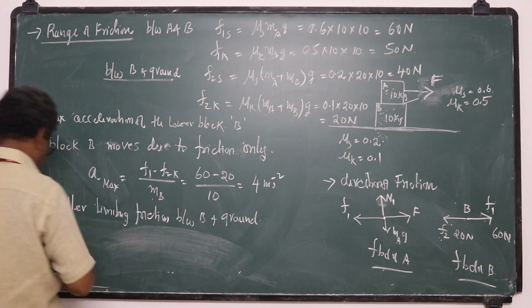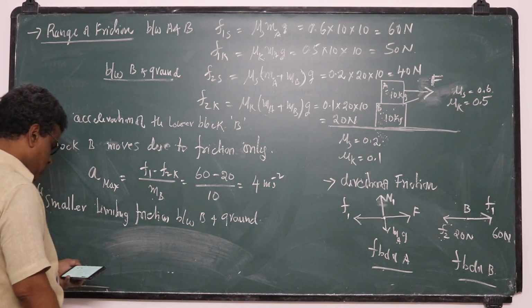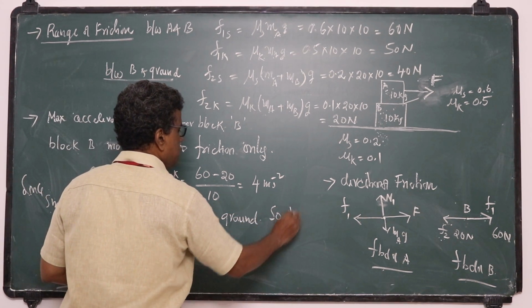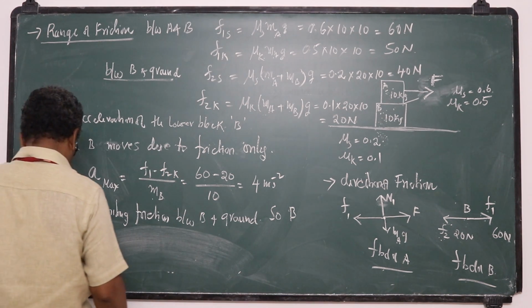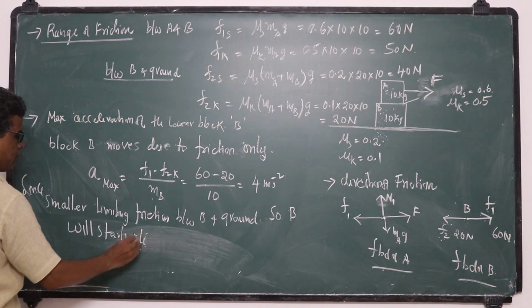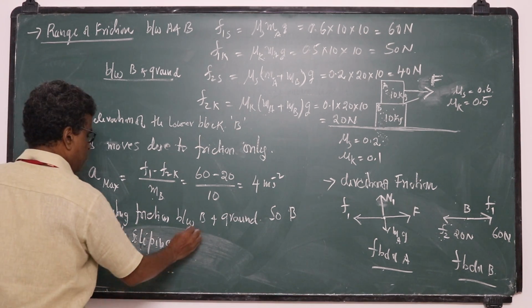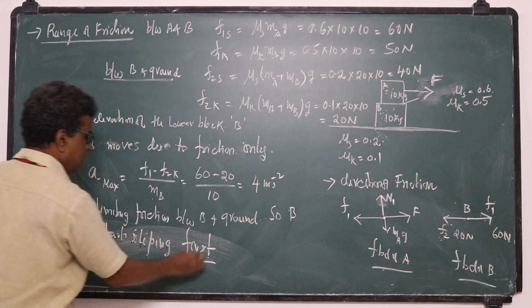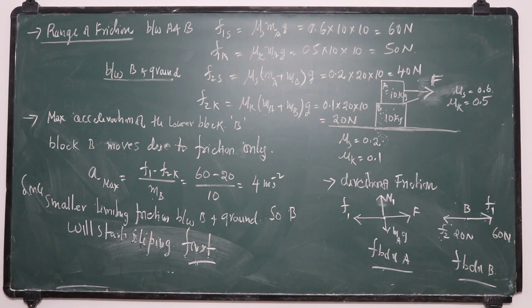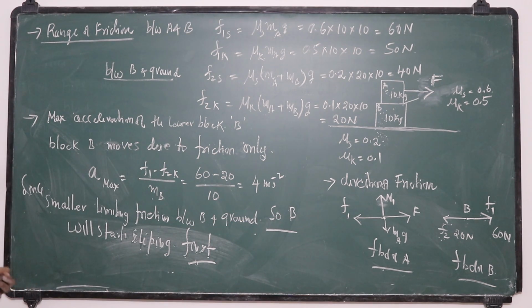Since smaller is the limiting frictional force between B and the ground, B will start slipping first. So this is the answer for the question A. Which one starts slipping first? Block B will start slipping first.